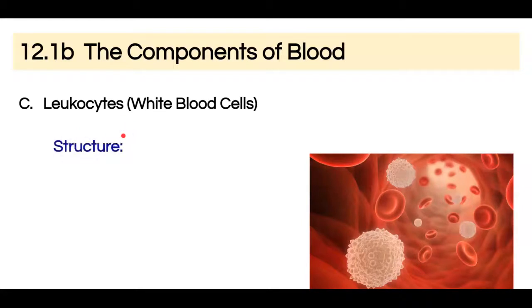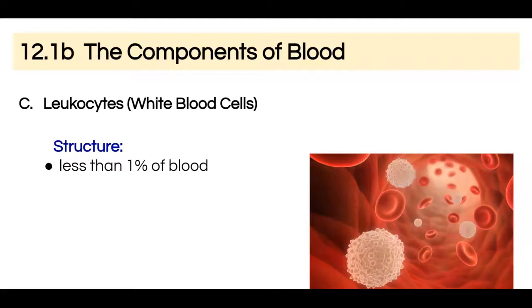So let's talk about the structure of white blood cells. First off, as you'll remember from that diagram that I showed you at the beginning of this slide show, they make up a very small percentage of our blood, typically speaking. However, you will remember from last year, white blood cells, we tend to associate them with fighting infection.